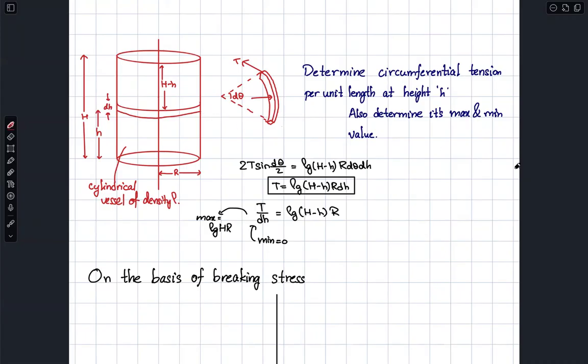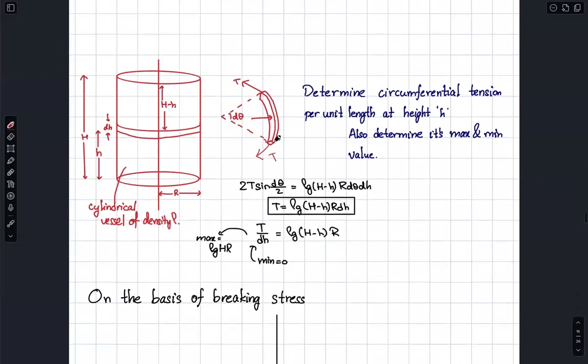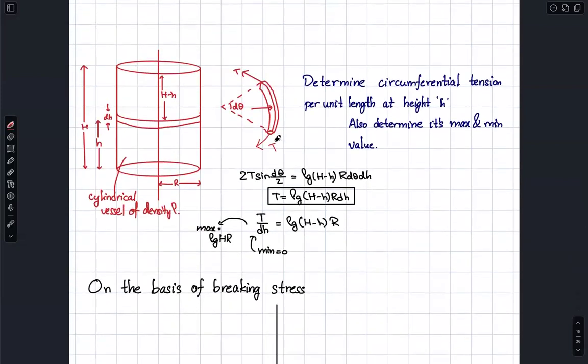For example, if I'm seeing it from the top, it will try to exert forces on the wall so that there is a tension like this. For example, you have a situation like this. Suppose I'm filling water. At this point, I know the pressure is rho g h.